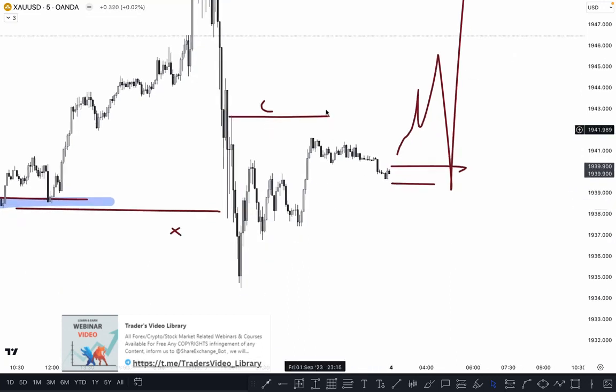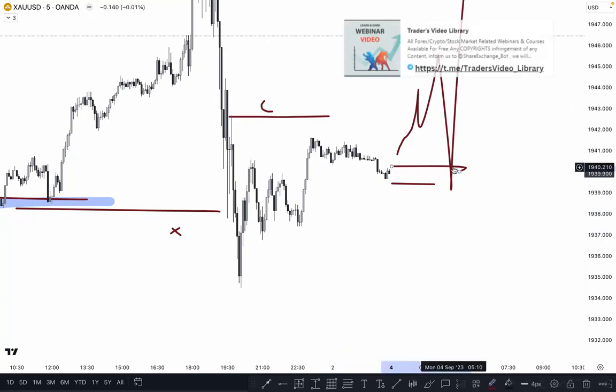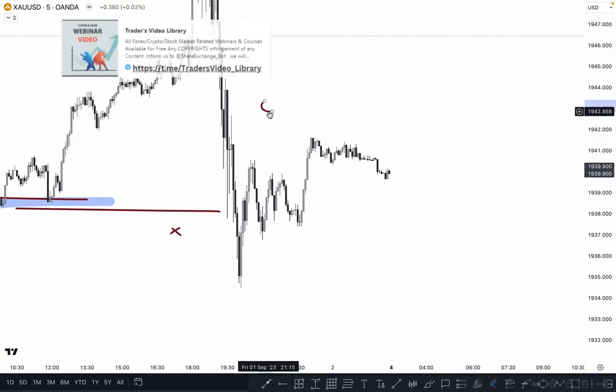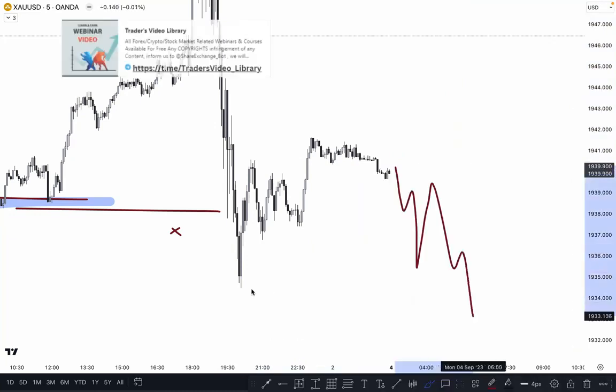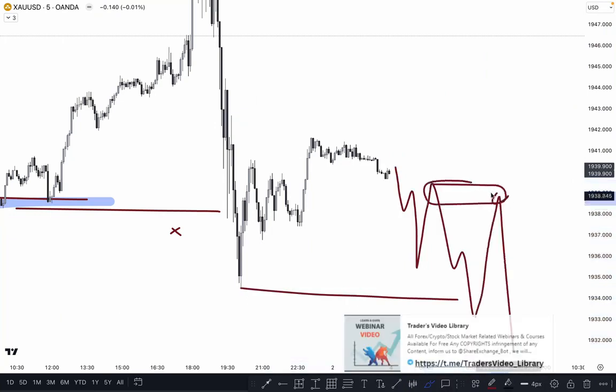But if the market is not willing to go higher, then we can sell. We can generally sell when price pushes downside, breaks this low, takes out the pullback, and we sell at this point till the extreme unmitigated PD array.